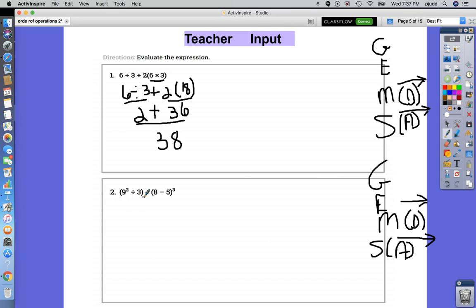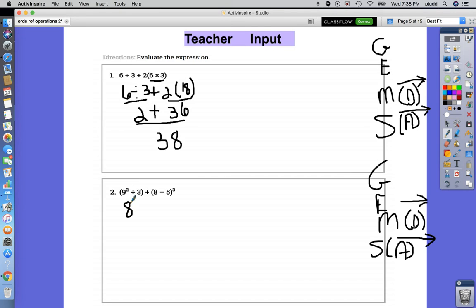So I have parentheses, I have an exponent, I have parentheses, and I have an exponent. So I'm going to take care of my groupings first. Actually, before I can take care of the groupings, I need to find out what 9 to the second power is.